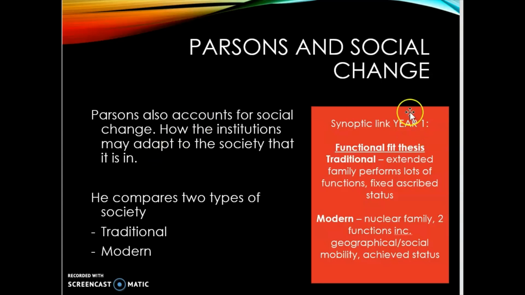So we're going back to year 1, functions of the family, functional fit thesis. Okay, so he identified that in a traditional society there was lots of extended families, people living together, aunts and uncles, grandparents, they were all living together, and they performed lots of functions, okay?